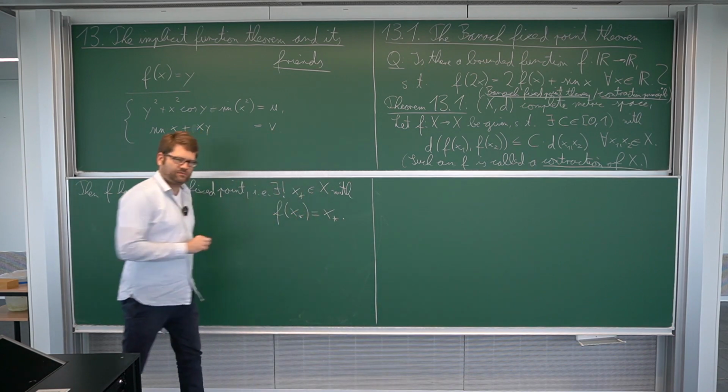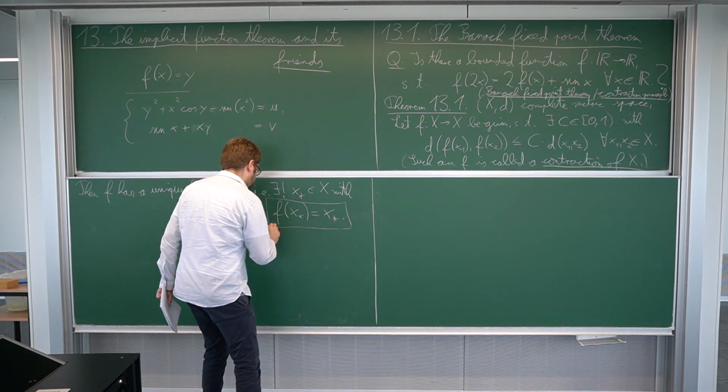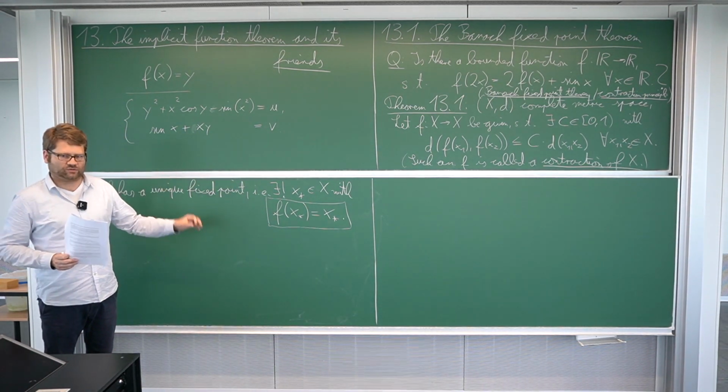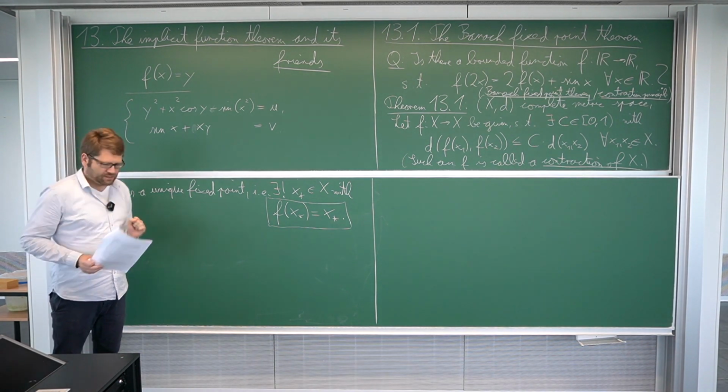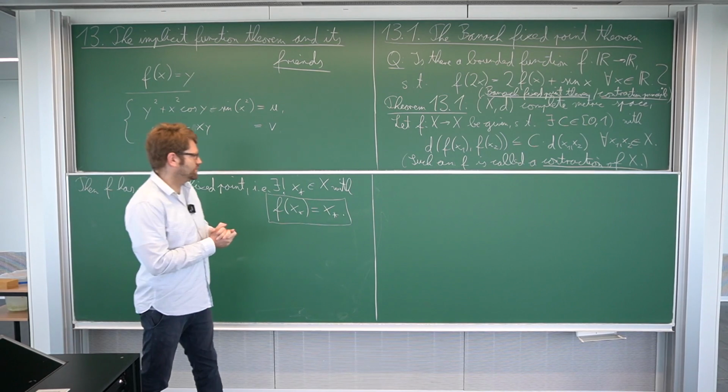The point is mapped onto itself. So for any such contraction of a complete metric space, there is a unique point which is mapped onto itself by this contraction.